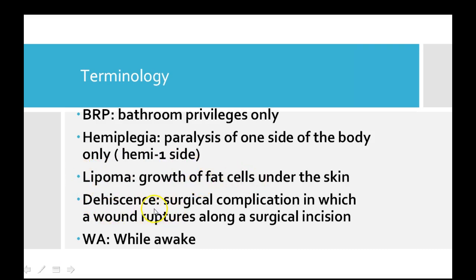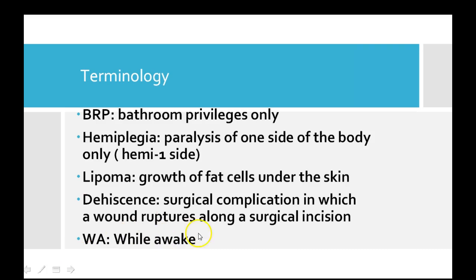Now, this is important because we will start in 214. Med Search 214, and we will get patients post-operatively, and they will come back with wounds. Not wounds, but incisions from their surgical site.